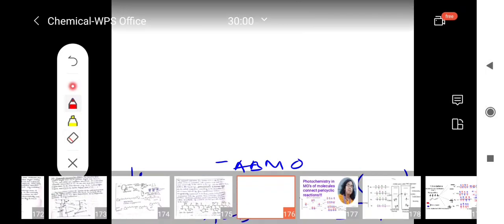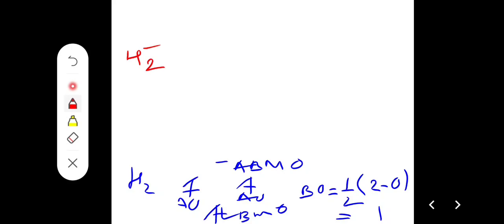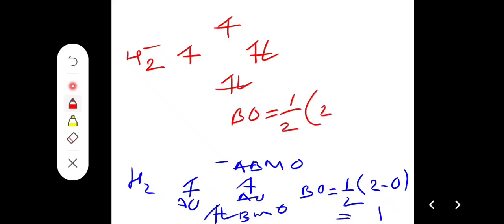Now consider H2 minus, with an anti-bonding molecular orbital. Bonding has two electrons and anti-bonding has one electron. In that case, bond order equals half into 2 minus 1, that is 1 by 2, or 0.5.